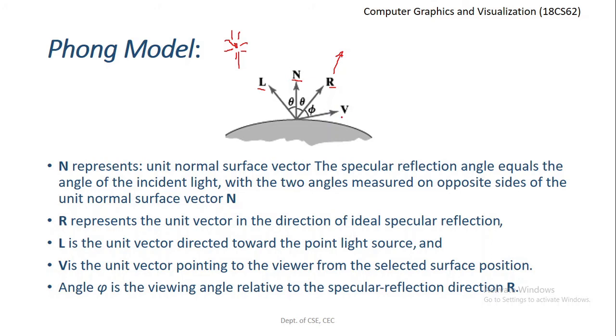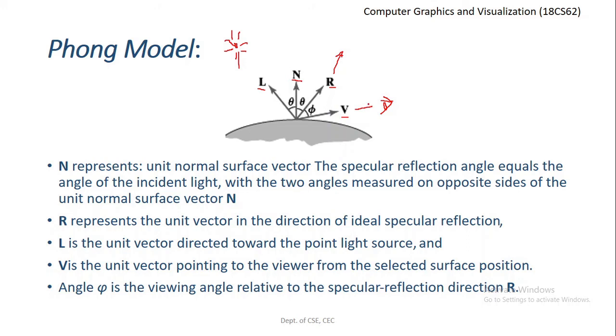So we have one more vector, the vector v, which is a unit vector pointing to the viewer from the selected surface position. It is pointing towards the direction of the viewer from a selected surface position, maybe a camera or it may be the human eye. Something like this.